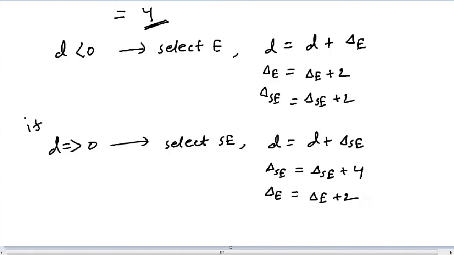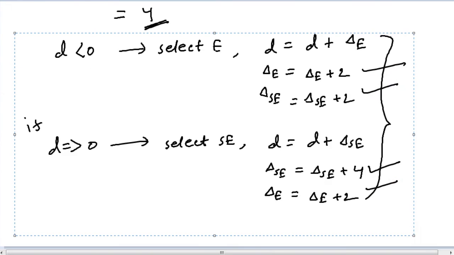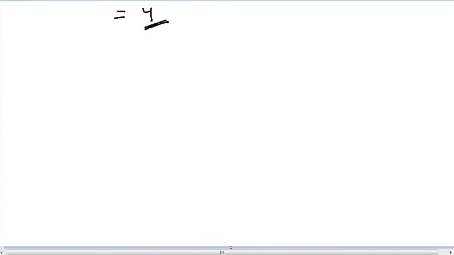Now these equations have become a lot more simplified. We just have to add a certain value to each of them, and we don't have to look at XP, YP anymore. Of course, we have to know the initial values of del E and del SE. So let me go ahead and remove all these. Now the initial del E and del SE.